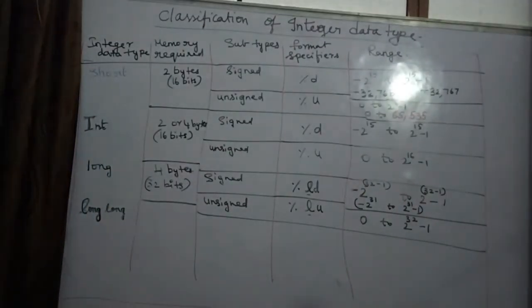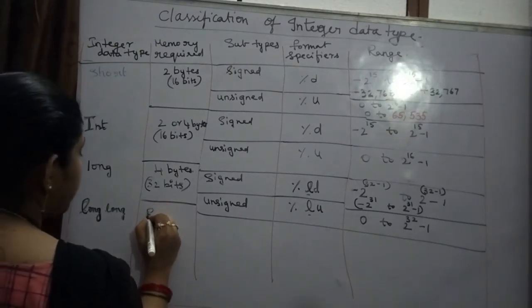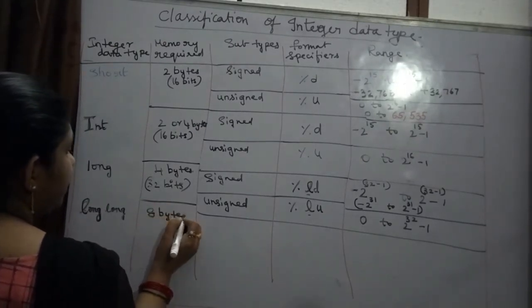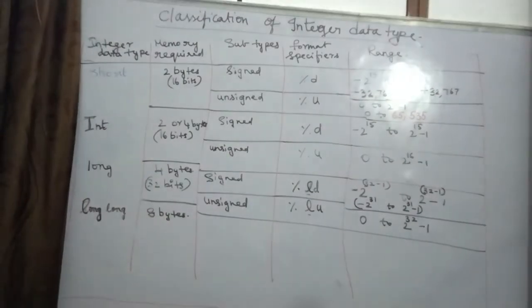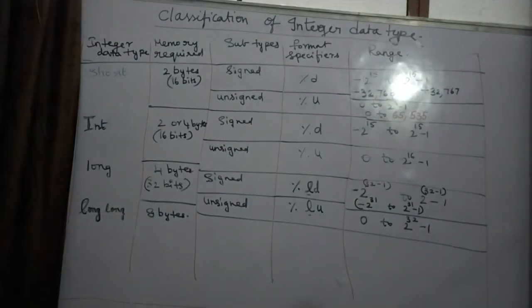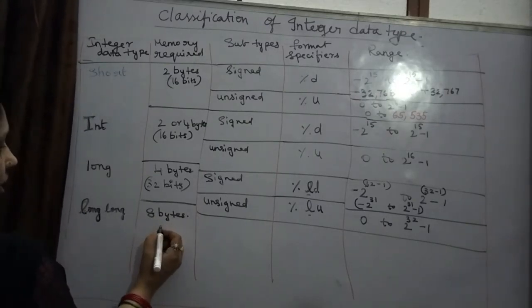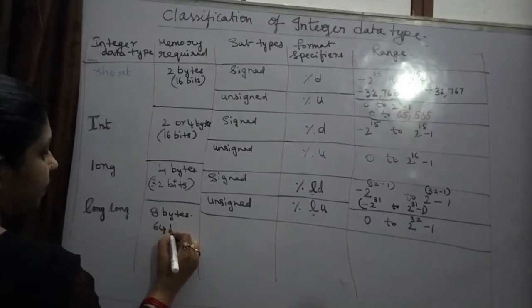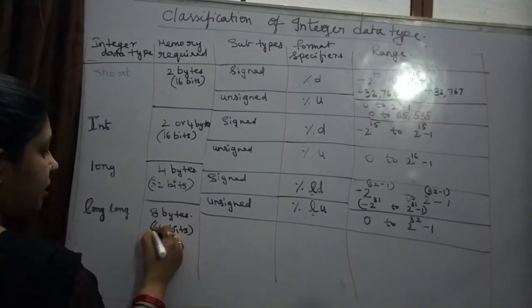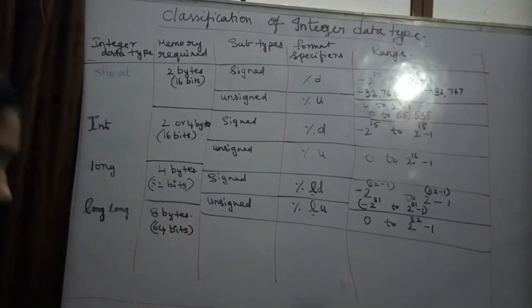It will take double of the previous data type. That means mostly 8 bytes of memory is taken by the long, right? So 8 bytes comes around how much? 8 8s are 64. So 64 bits of memory is used by the long data type.